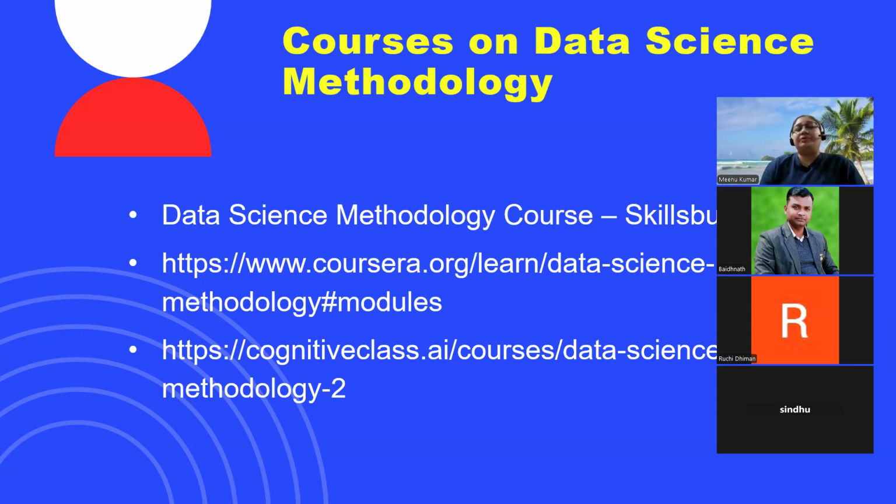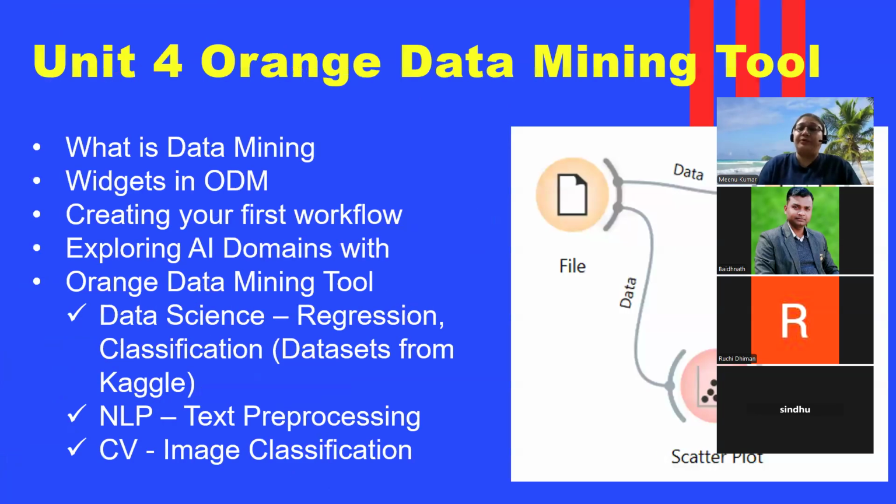Next, I come to Orange Data Mining Tool. As I told you, if you want to have the students start with their capstone projects, it's important that you do the data science methodology, the Python programming chapter, and Orange Data Mining Tool chapter in the beginning itself. So that at least all these three topics are covered, then students can start working on their projects. At least they can start brainstorming, finding out the data sets, checking out the data, the challenges of the data they might face.